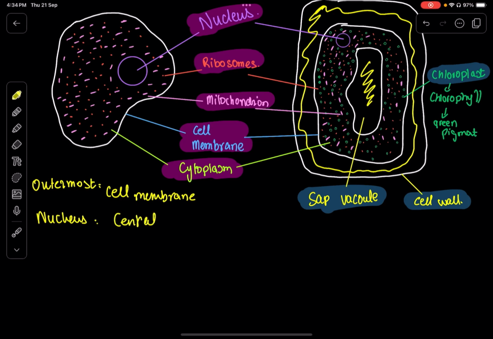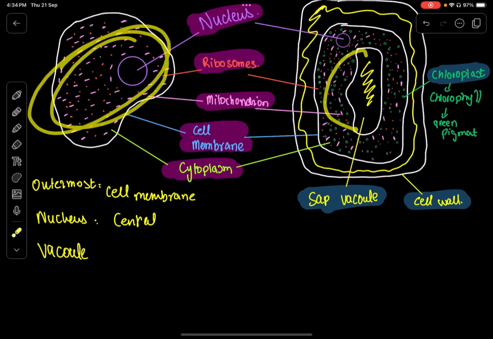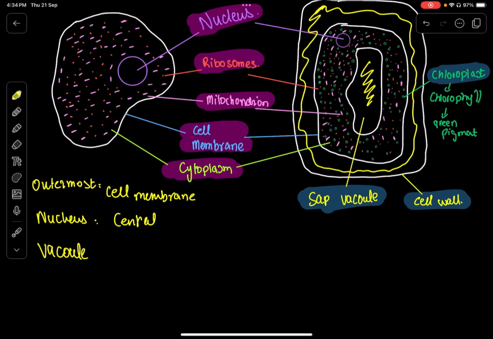And the vacuole, which you might see right now, is not present here. In animal cells it is sometimes present, but it is very small and temporary.